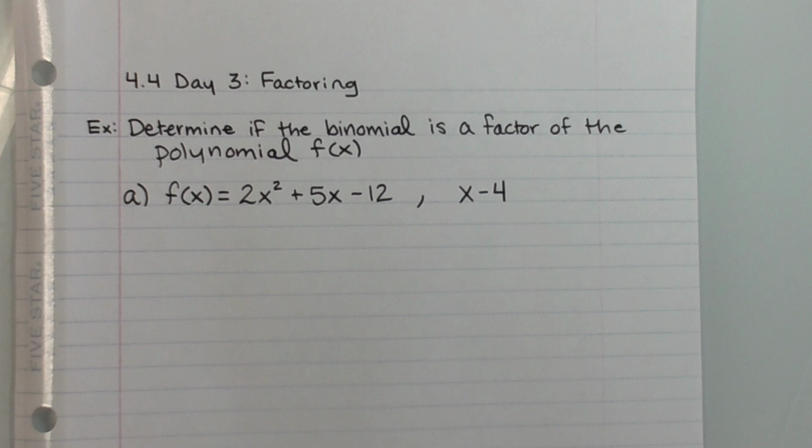What does it mean for something to be a factor of a larger polynomial? For example, x squared plus 2x minus 3 has factors of x plus 3 and x minus 1.